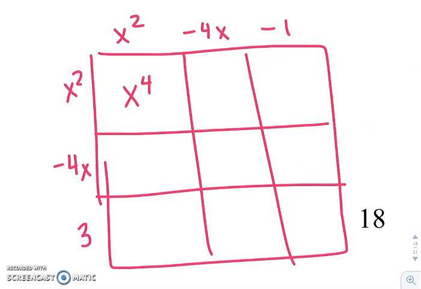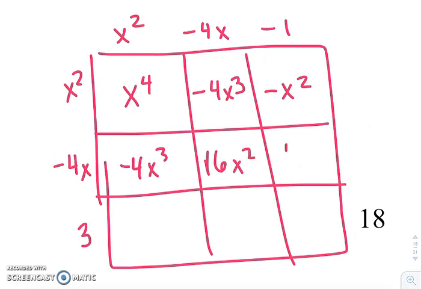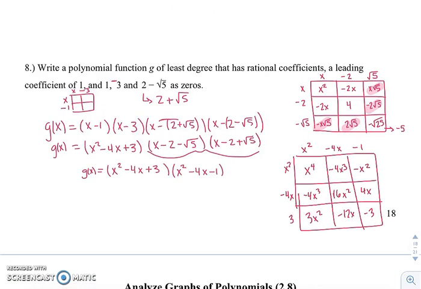So x to the fourth, negative 4x cubed, negative x squared, negative 4x cubed, positive 16x squared, positive 4x, positive 3x squared, negative 12x, and negative 3. So just combine your like terms that you guys have here. So only one x to the fourth, so just x to the fourth. And that's what the lead coefficient of 1 is saying.